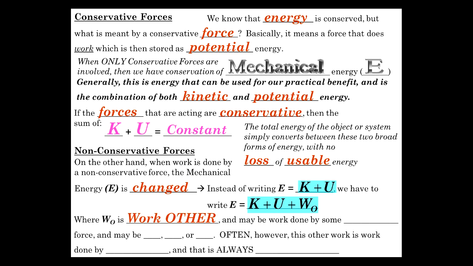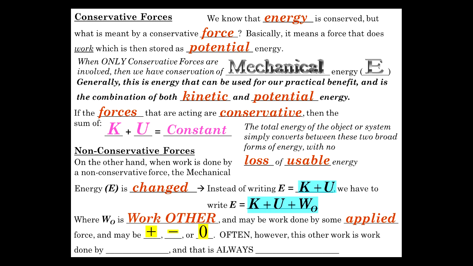Work done by another force that's not conservative. It can be an applied force like a rocket engine on a ship. That would be plus. However, typically, it's a force that restricts motion, for instance, and is negative. Or it could be zero, in which case there's just none at all.